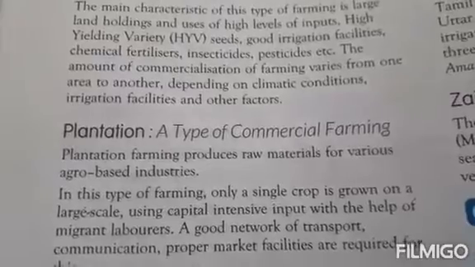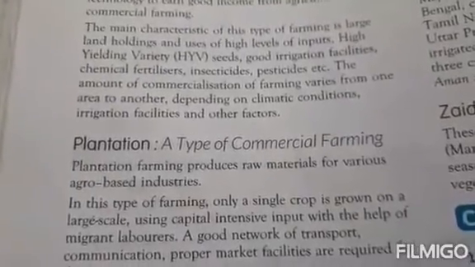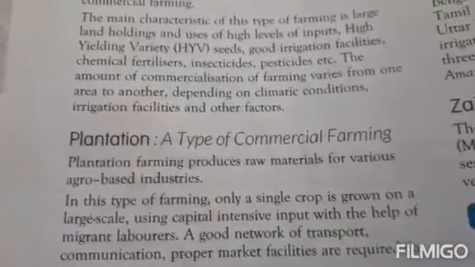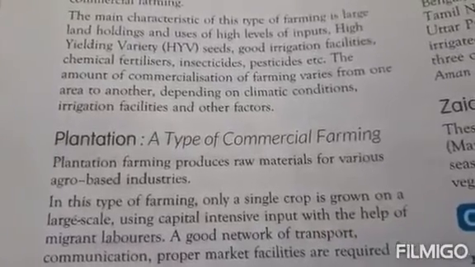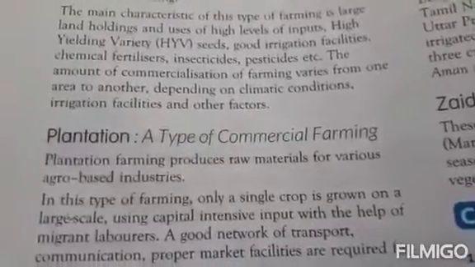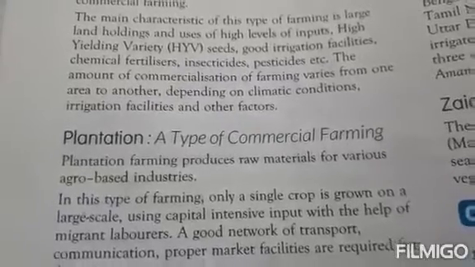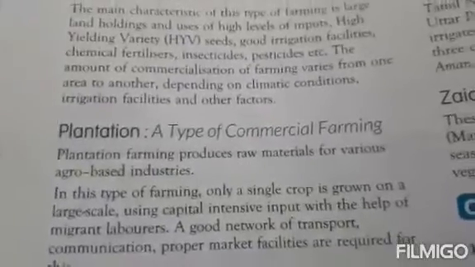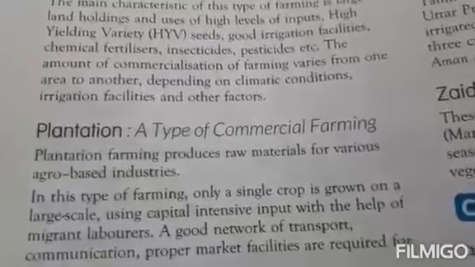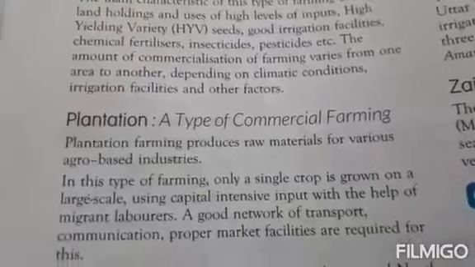One important example of commercial farming is plantation, and you can take tea plantation because it is very well known to you all. In tea plantation, only a single crop, that is tea, is grown in a large area. It is grown in Assam and North Bengal in India.